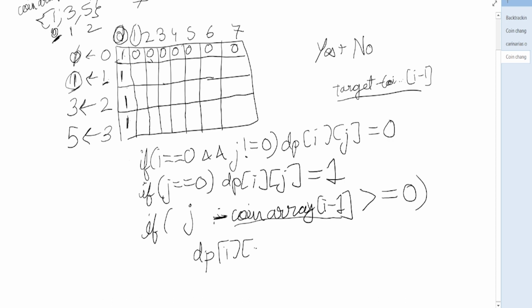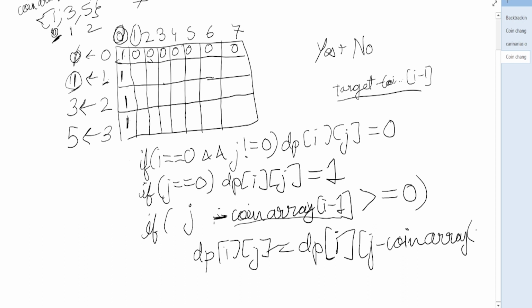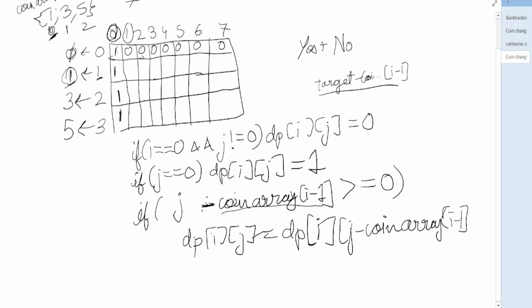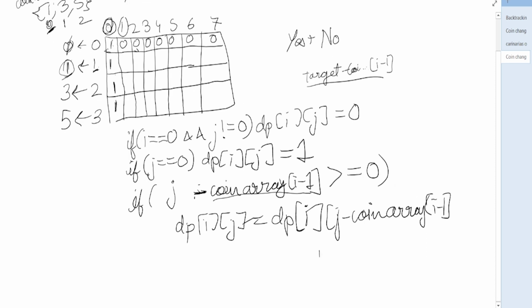So dp[i][j] will be equal to dp[i][j minus coin array I minus 1] plus dp[i minus 1], the cell above it, in the same column.